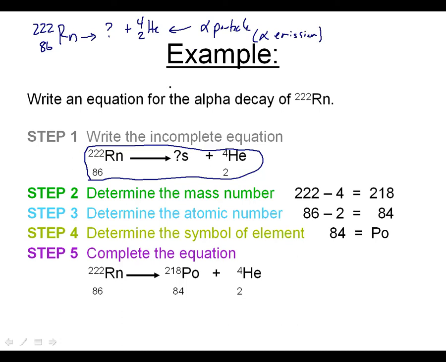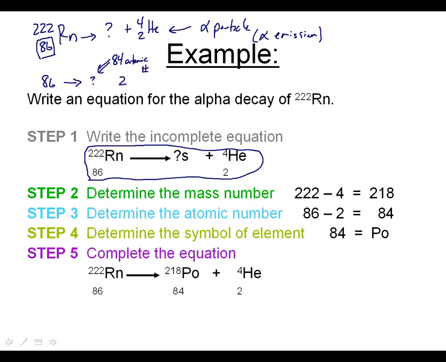What do you want to start with? The atomic number is a great place to start. On the left-hand side of the arrow, we have 86 for the atomic number. We're not sure here, but we do have 2 over here. That tells us right off the bat that our missing atomic number is 84.